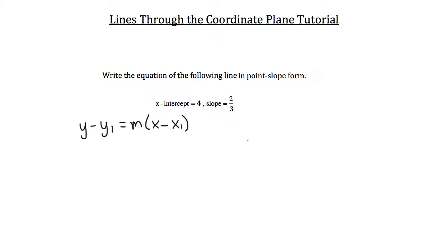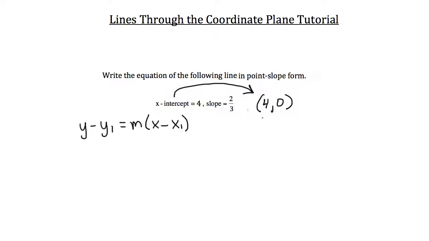They've given us the x-intercept and the slope. However, recall that the x-intercept is just the value of x when y is equal to 0. So that really is a point. The value of x, which is 4 at the x-intercept, when y is equal to 0. So the point at the x-intercept is (4, 0).